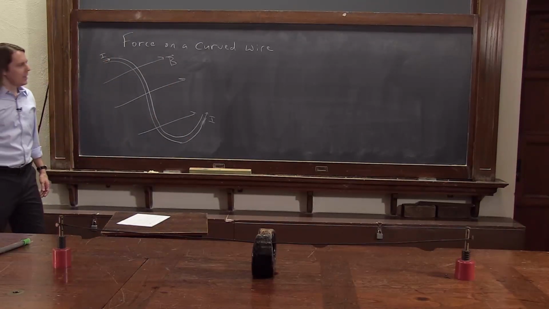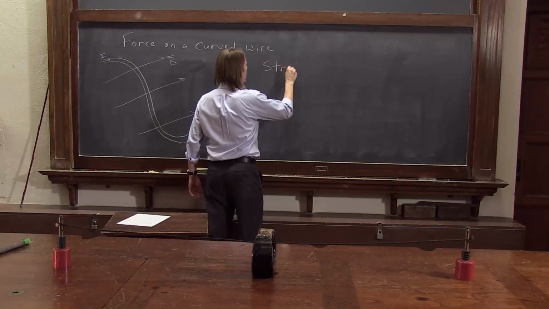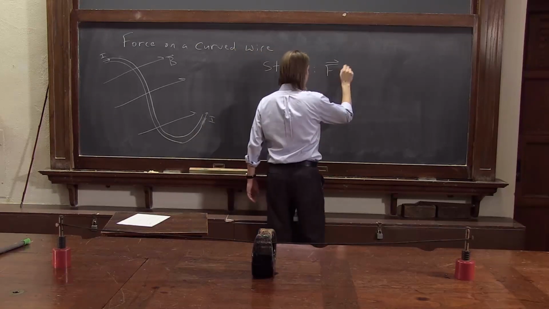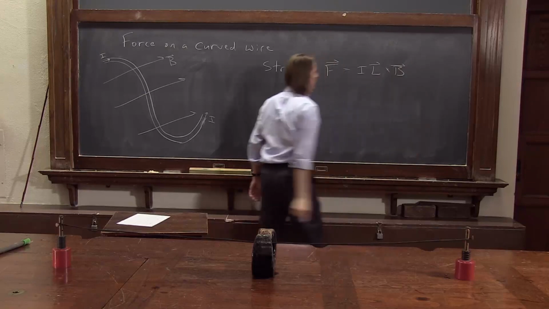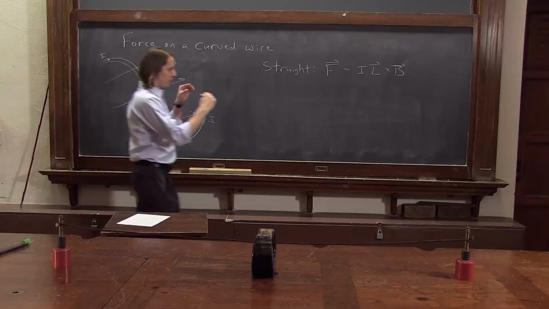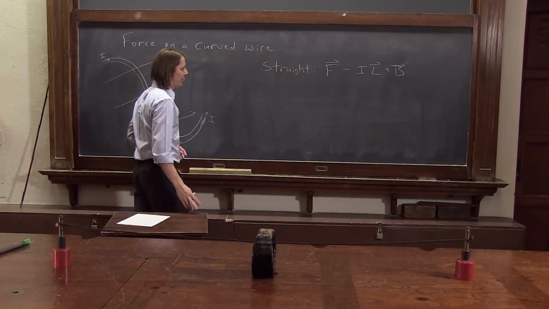All right. If this wire were straight, we would have F on the wire equals I L cross B, like we just talked about. If it were a straight segment, current gives you the direction, and the length of the straight segment gives you the magnitude of L. We don't have that.